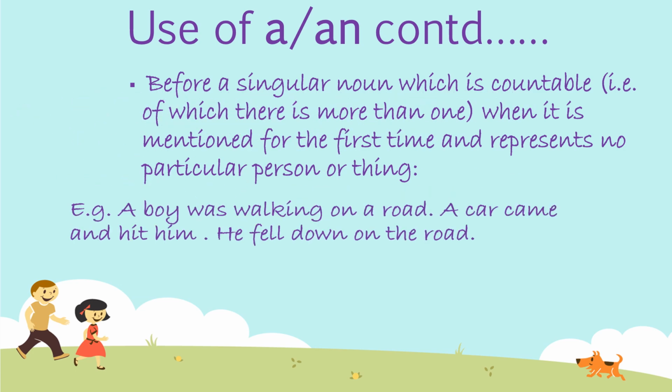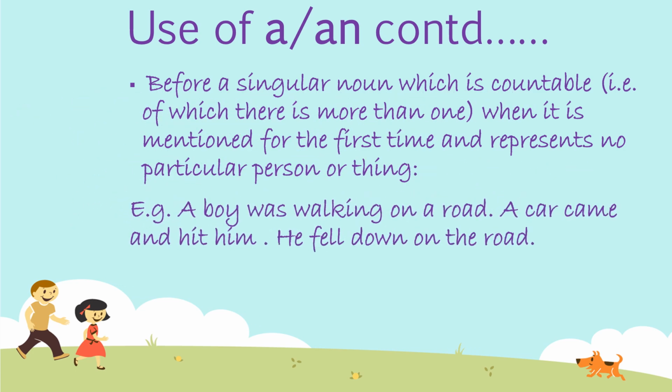See this example. A boy was walking on a road. A boy, not a particular boy. A road, not a particular road. A car, not a particular car. A car came and hit him. He fell down on the road.